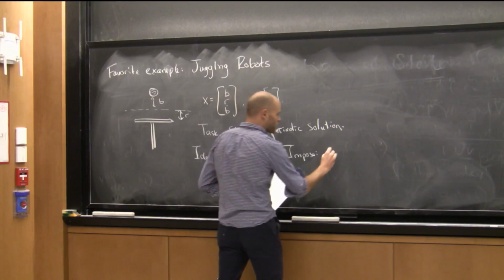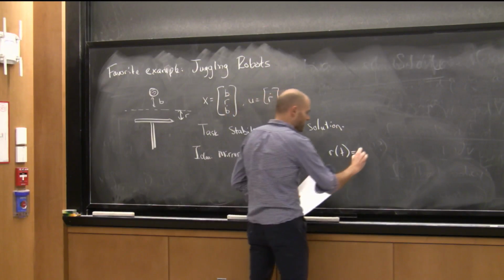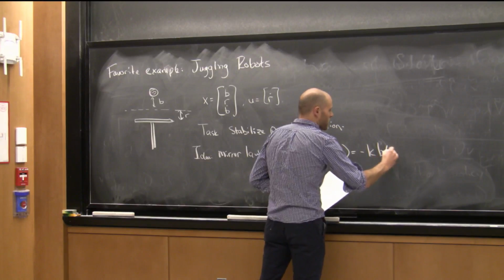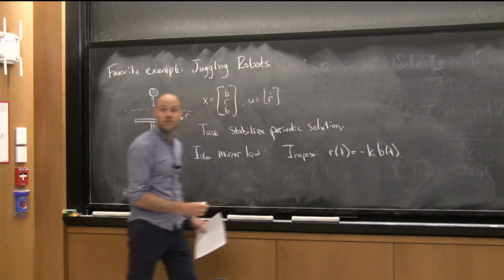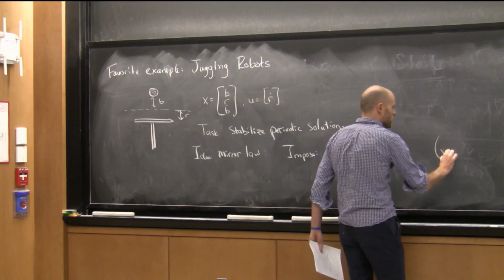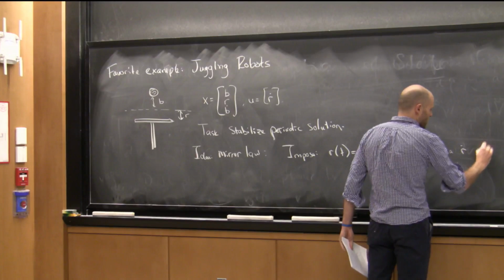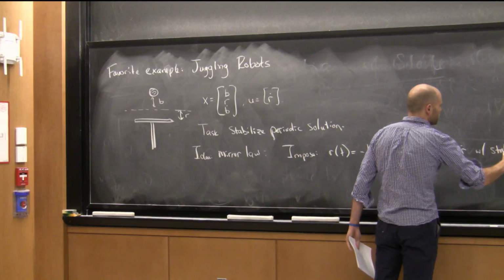The low-level feedback controller was, I'm going to make my paddle height be basically the opposite of the ball height with some scale. Okay, you can achieve that via commanding r dot with some stabilization, right?